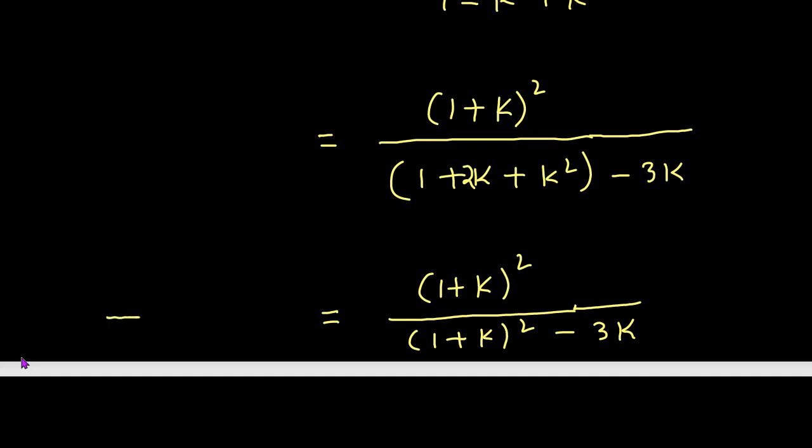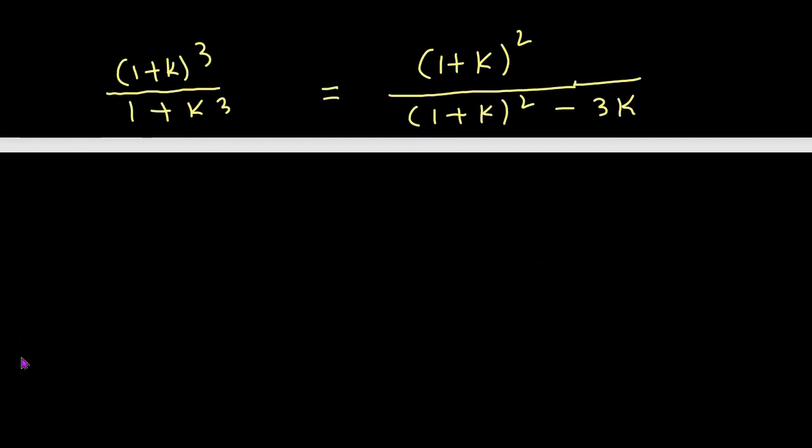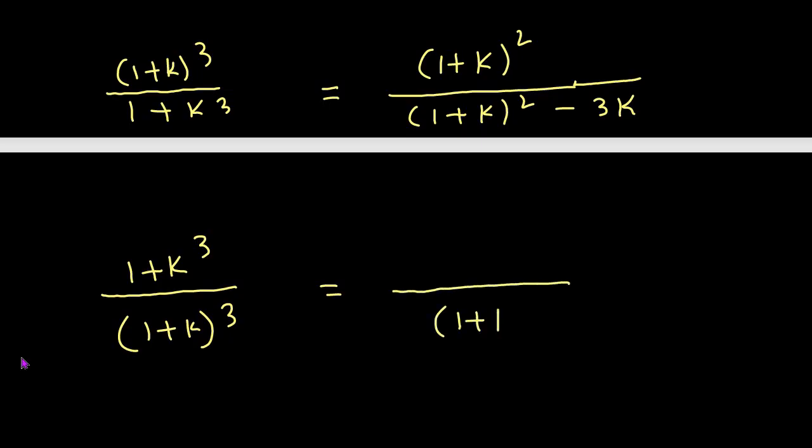But this is the value of (1 + k)³/(1 + k³). If we reverse the value, we have (1 + k³)/(1 + k)³ equals, as the denominator and numerator will change, ((1 + k)² − 3k)/(1 + k)².